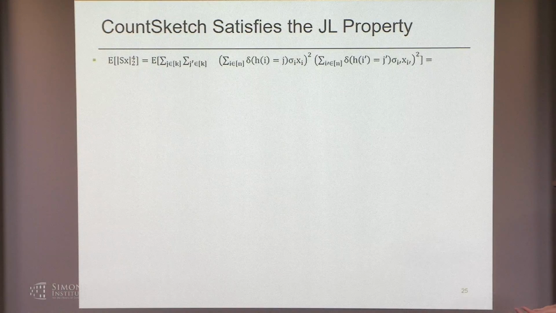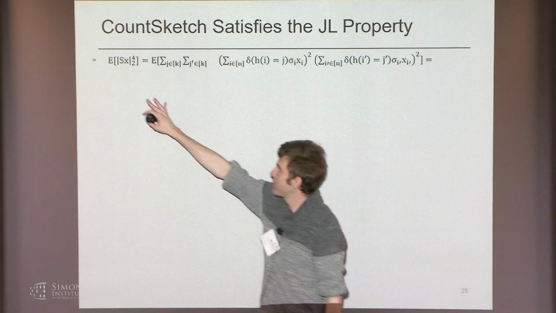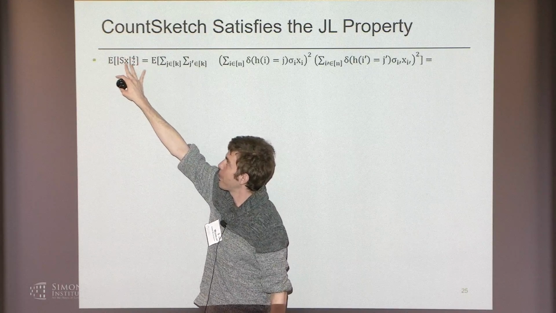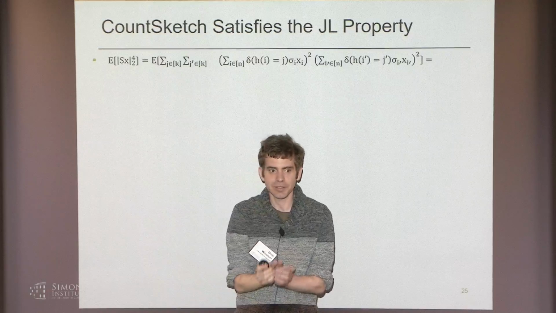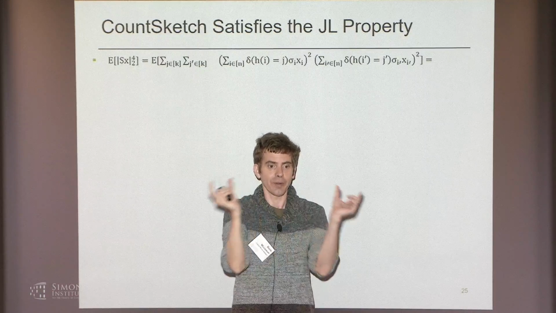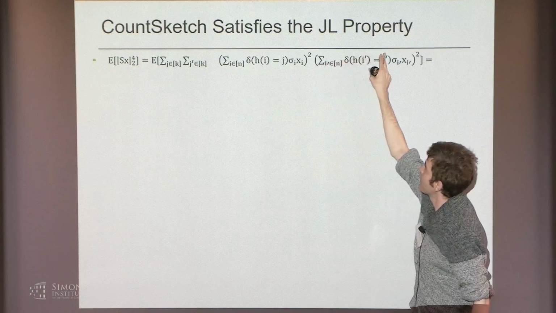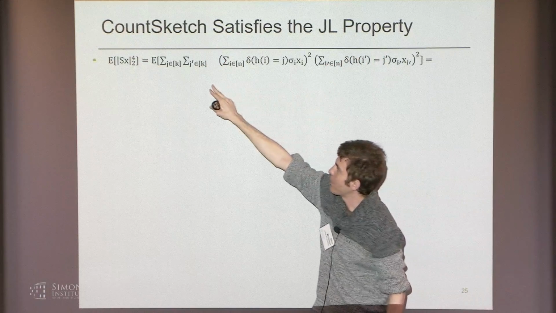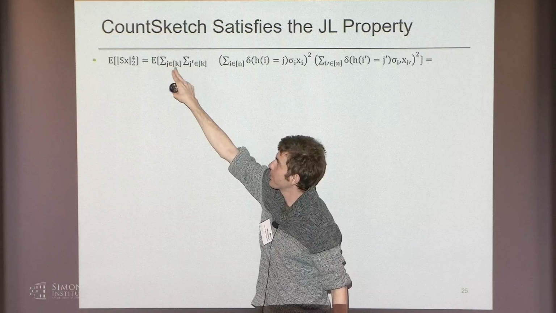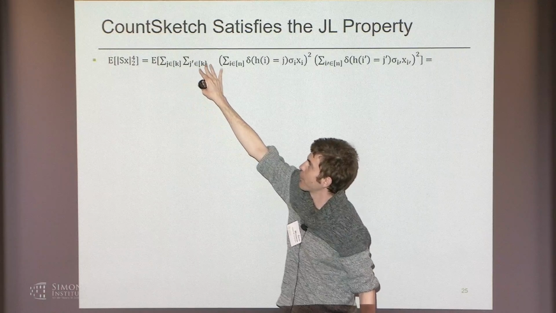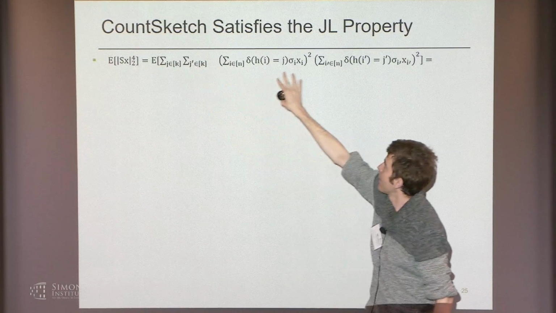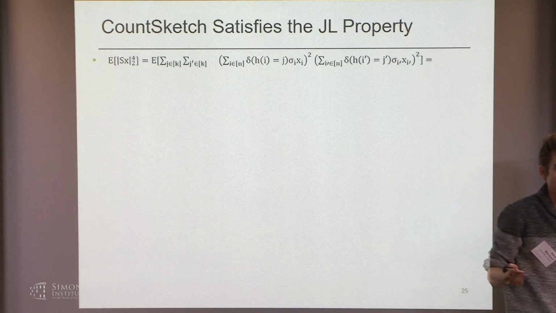So this is the expectation of the 4th power of the norm of Sx, which is the squared norm of Sx, squared. So I have 2 copies of what I had before. I have a sum over the k coordinates summing over j, and I also have the sum over k coordinates summing over j prime, and I have both of those expressions that I had before.